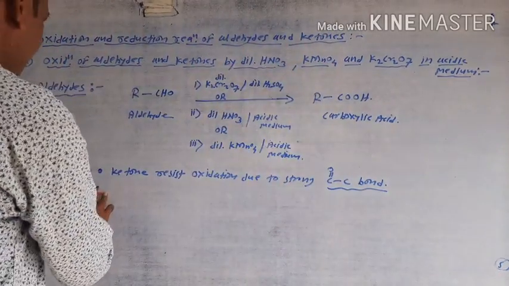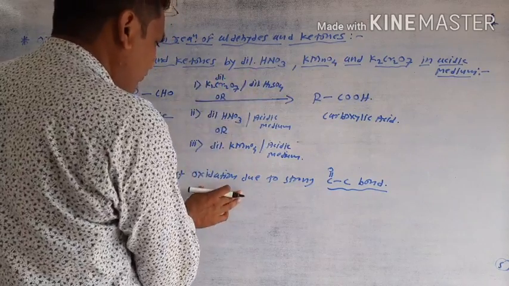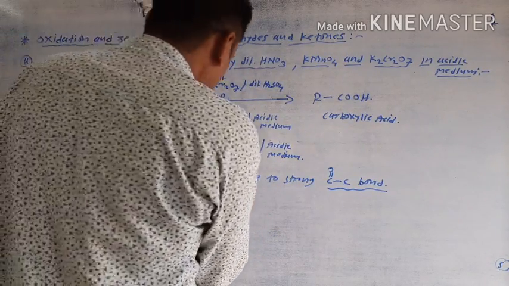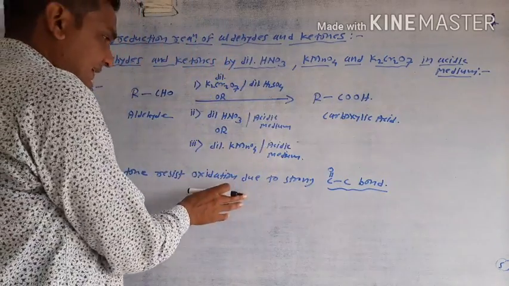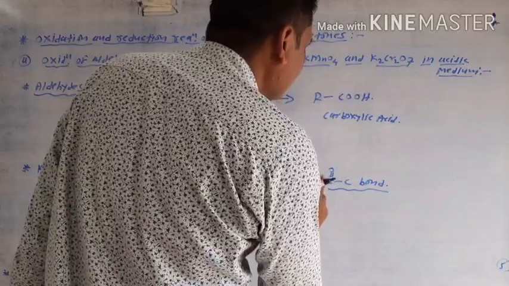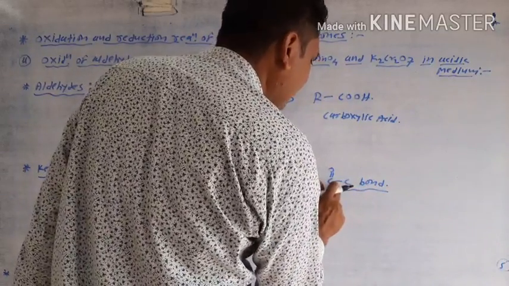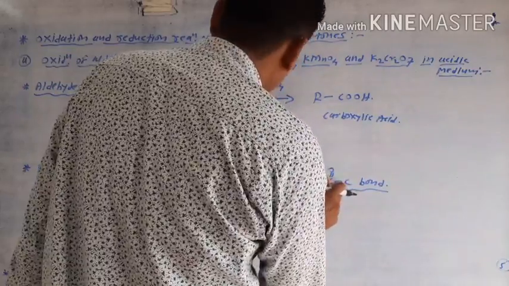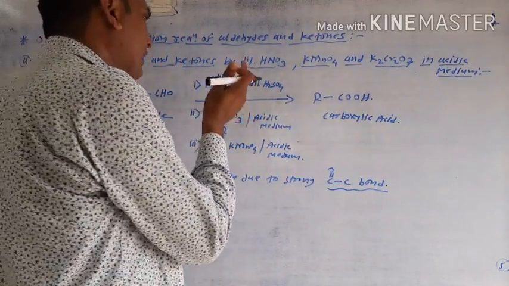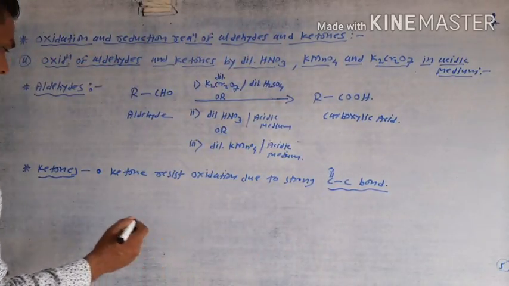In general, ketones resist oxidation by weak reagents, dilute oxidizing agents, because the ketone contains a strong C=O bond. This bond is very strong and does not react with dilute or weak oxidizing agents.